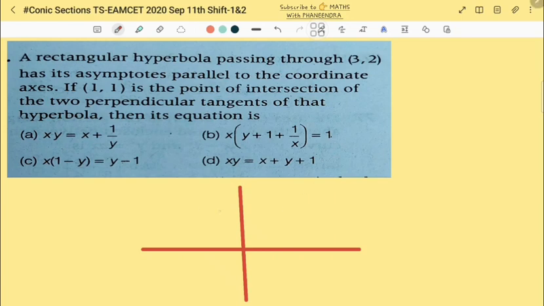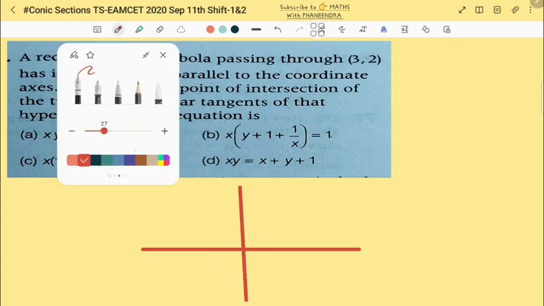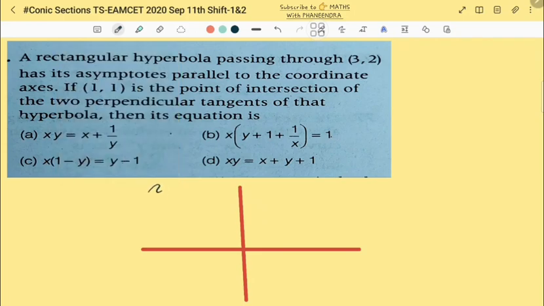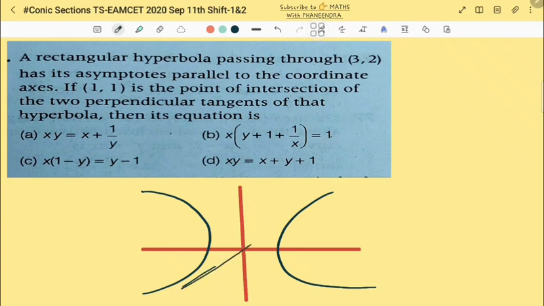Just I will draw the figure, dear students. This is the hyperbola curve, a rectangular hyperbola passing through 3, 2, and asymptotes mean lines like this. These are the general asymptote equations.